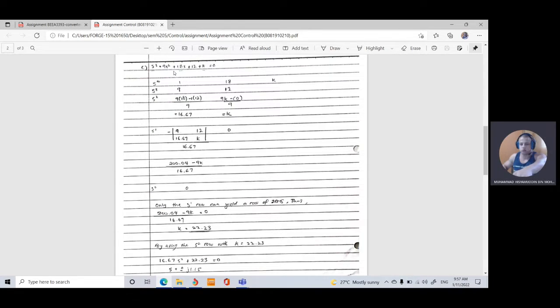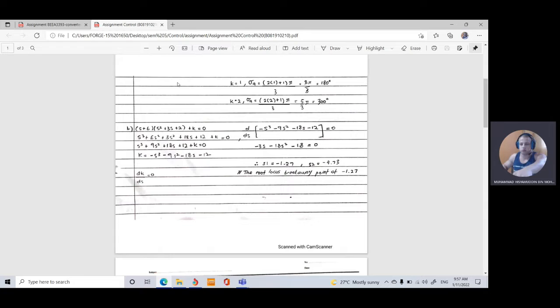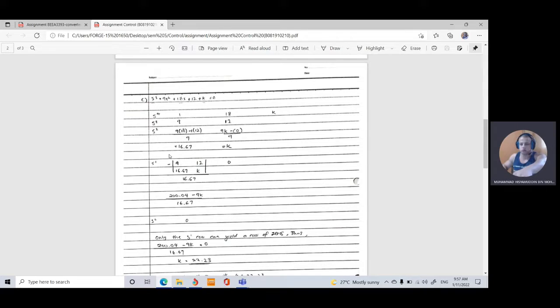As we see, this is the transfer function that was given. Was from here. Yeah, from here. Then we apply it to the Routh-Hurwitz criterion table.